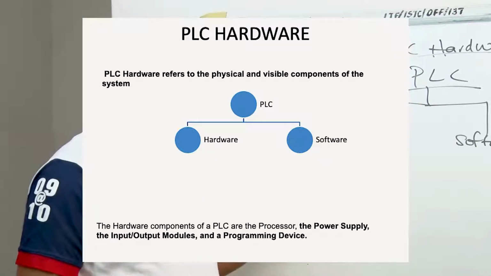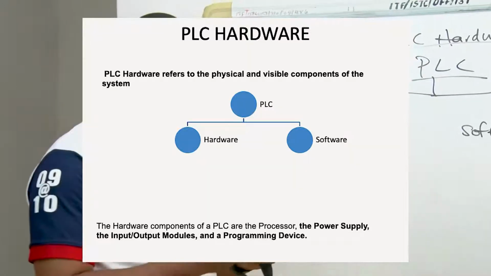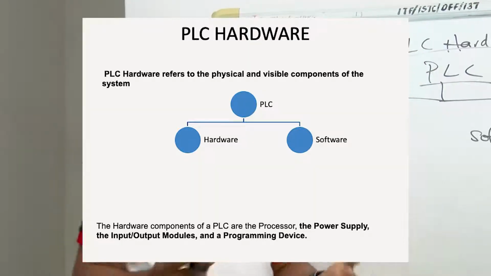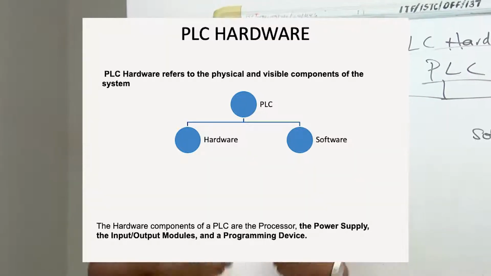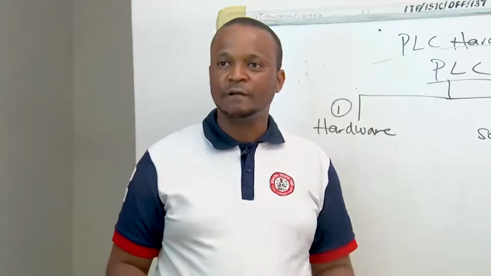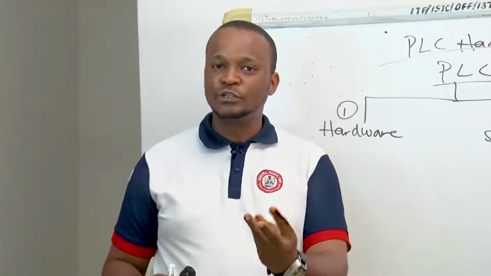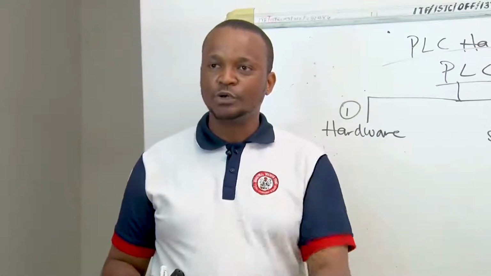Now, today we want to define what is the hardware, what is PLC hardware. I believe many of you would have been a computer student, and you know certain things to an extent about computers. Hardware components are those physical things that you can touch.